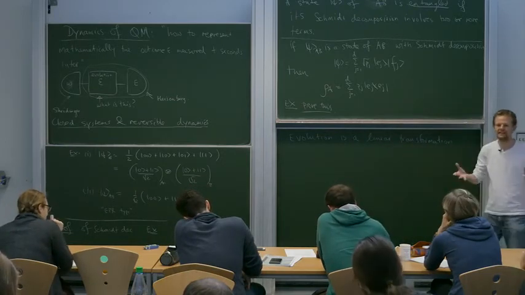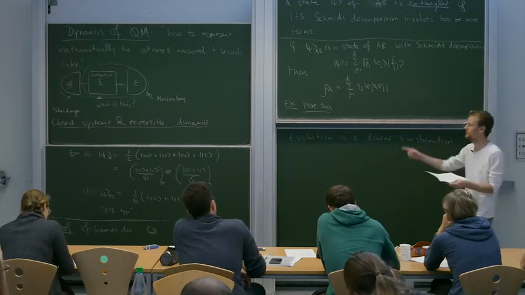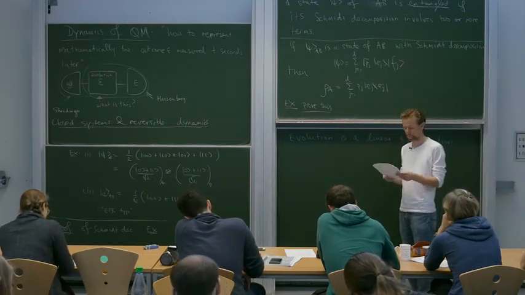By saying that evolution is going to be a linear transformation of something, right? Either the observables or the states.